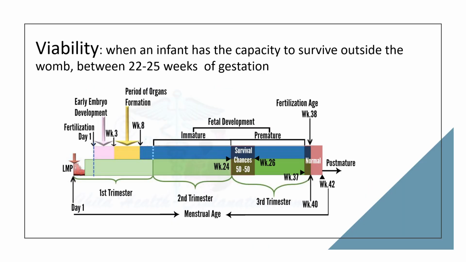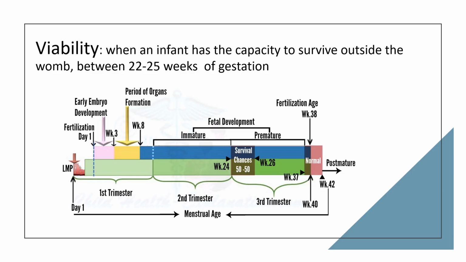All right, when we talk about viability, viability is when an infant has the capacity to survive outside the womb. Viability by law, I believe, is 24 weeks. However, due to our medical advancement in technology, we have the ET tubes, the ventilator, the oscillator.